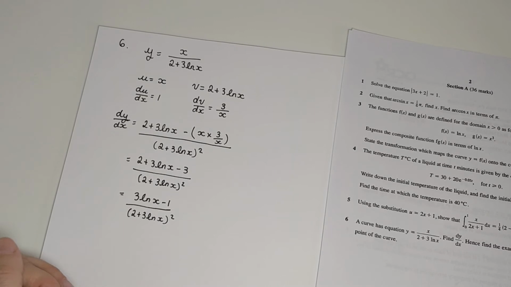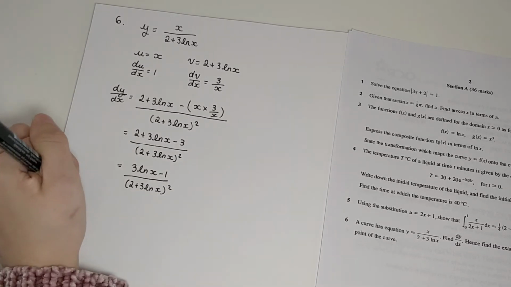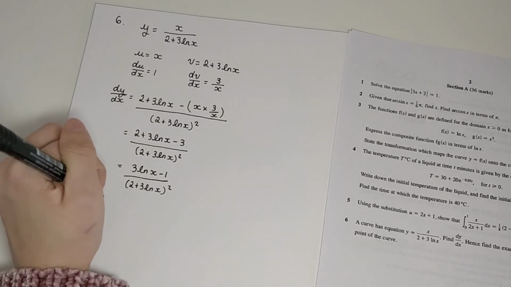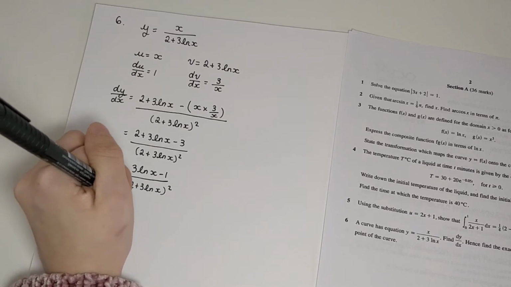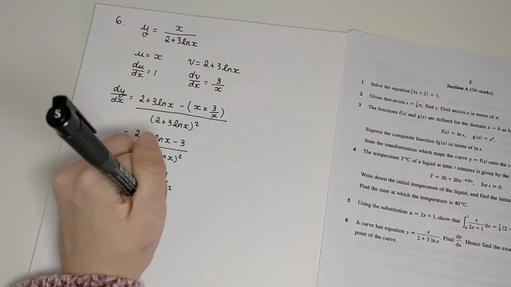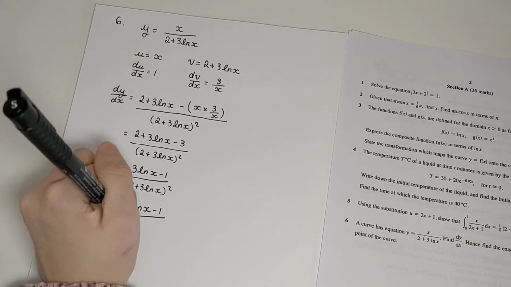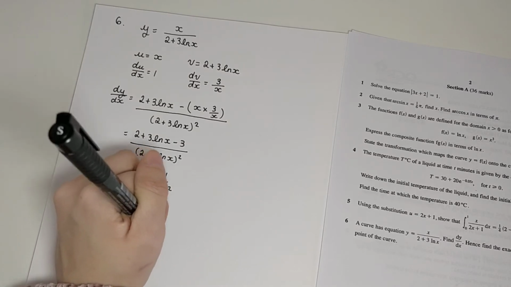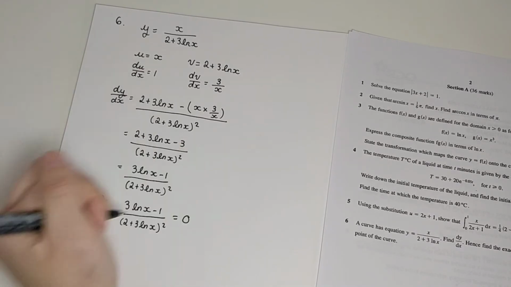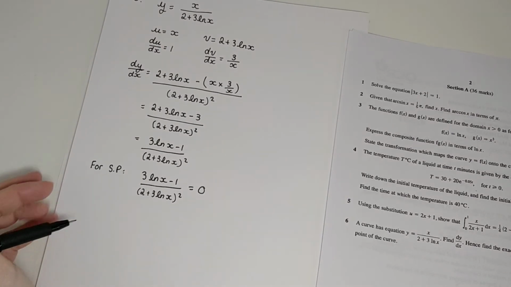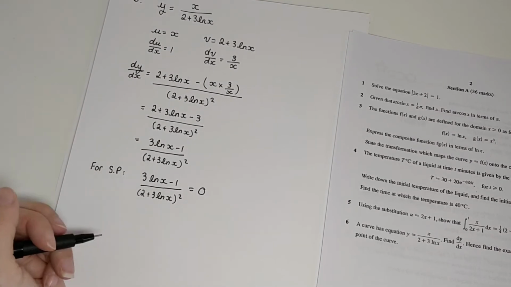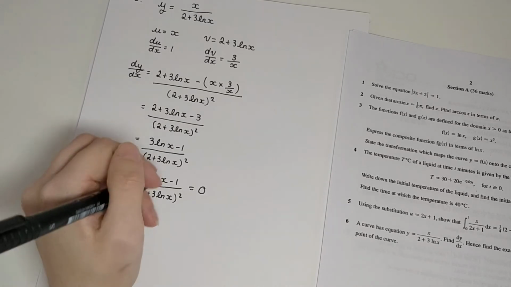And then I want stationary points, so for stationary points I need that to equal 0. For a fraction to equal 0, the top of it is going to have to be 0, the bottom is kind of irrelevant.